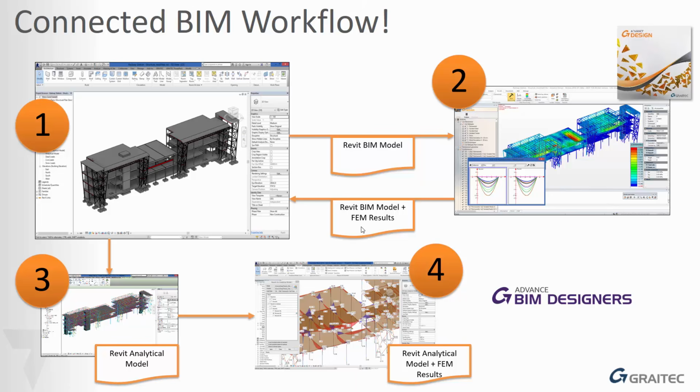And using that analytical model that's available in Revit, we'll have all those results and we'll be able to use and realize them. So Mike will show us in just a few seconds, with another technology, the BIM designers for reinforced concrete, how we can do that directly in Revit, also available directly in Advanced Design.